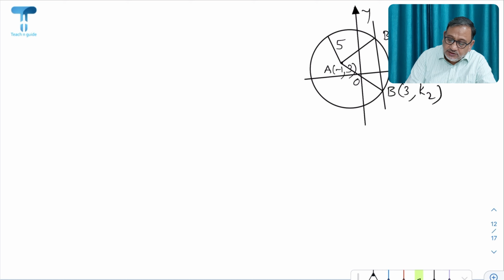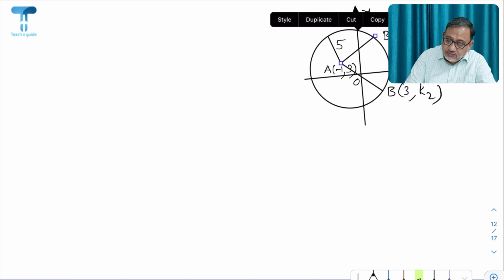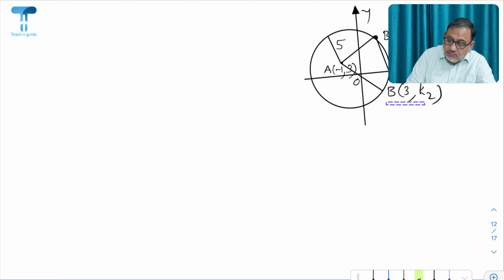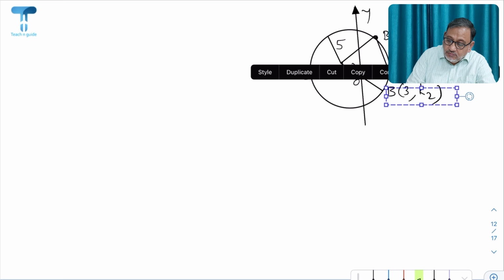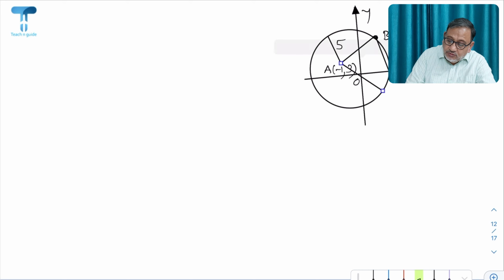So let me erase this diagonal, let me draw like this, and then somewhere here it can be, okay, B and B, it will be 3 and K2, and K2 is 0 here, and this will move there. Okay, now it is correct.